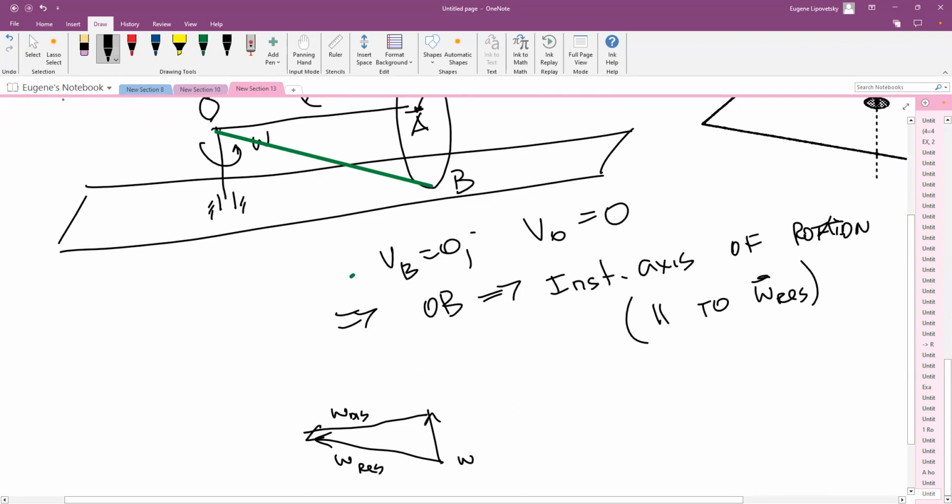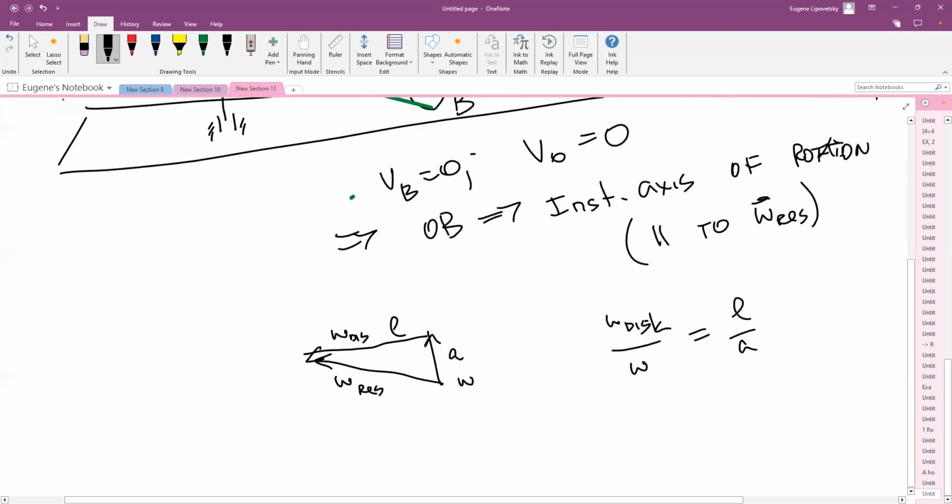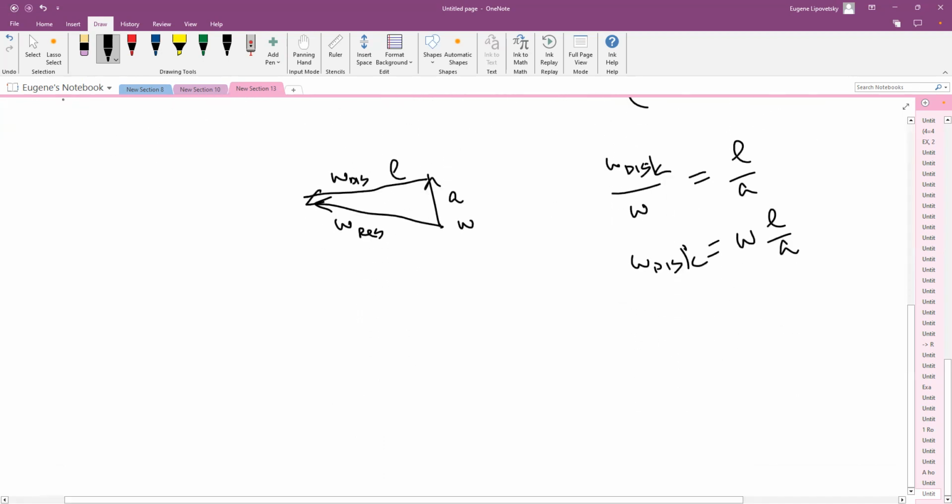And this is A and this is L. So we can say omega disk to omega, that's this one to this one, is like L to A. So the omega disk equals omega times L over A. All right. We have these two.